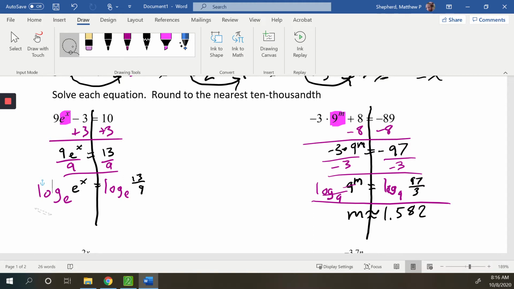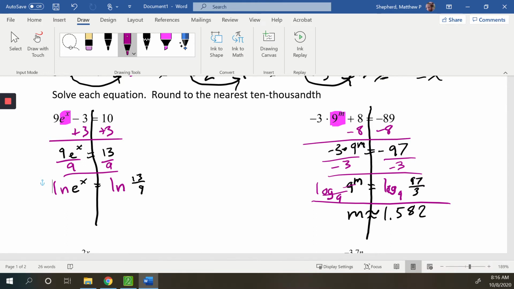So rather than putting log of e, we are going to replace it with the natural log, which is just written as ln. Okay, it means the same thing. The natural log is just log with a base e.